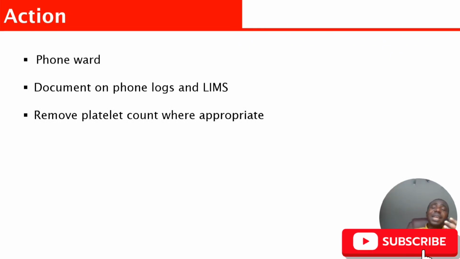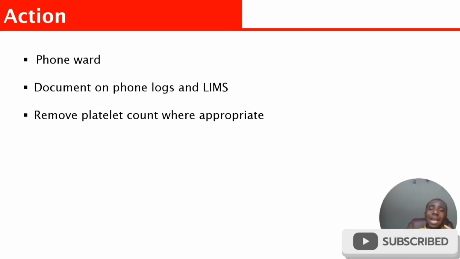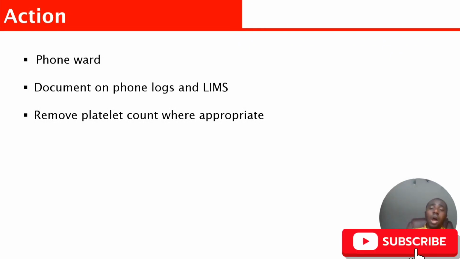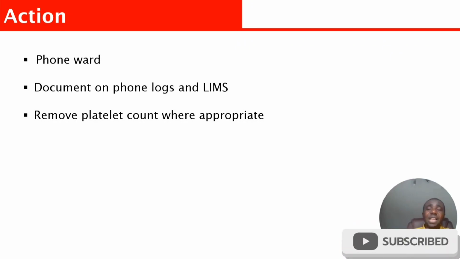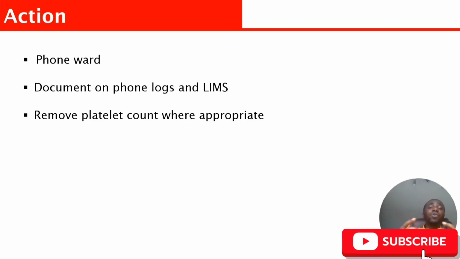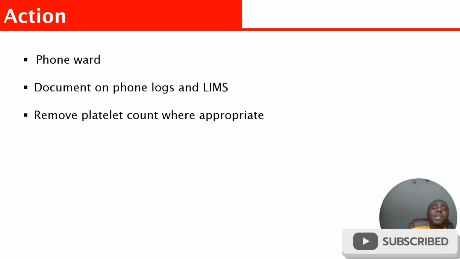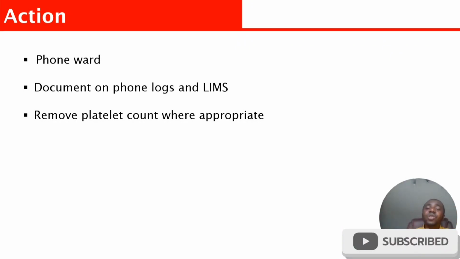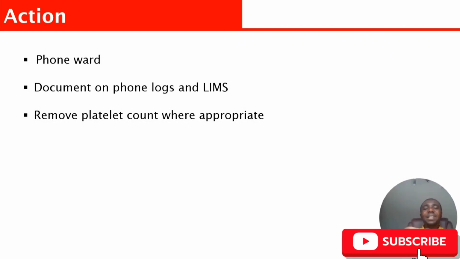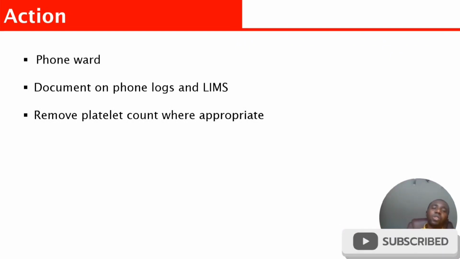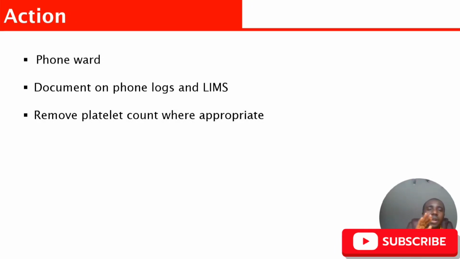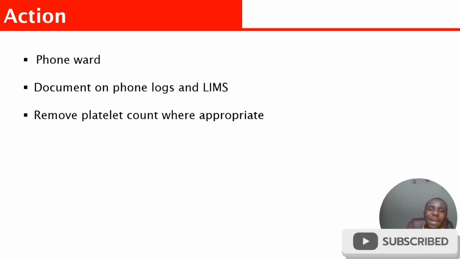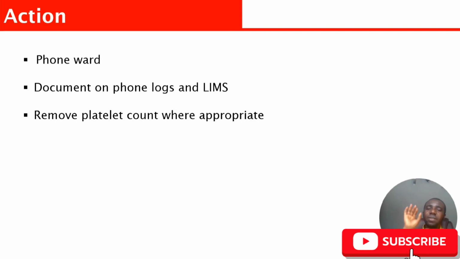Another thing is you remove the platelet count where appropriate. For example, if you think it is due to large platelets, platelet clumping or platelet satellitism, or anything as the case may be, you have to remove that platelet count, because the count the analyzer is giving is not the actual platelet count. So where appropriate, you remove that platelet count and do the platelet count manually.